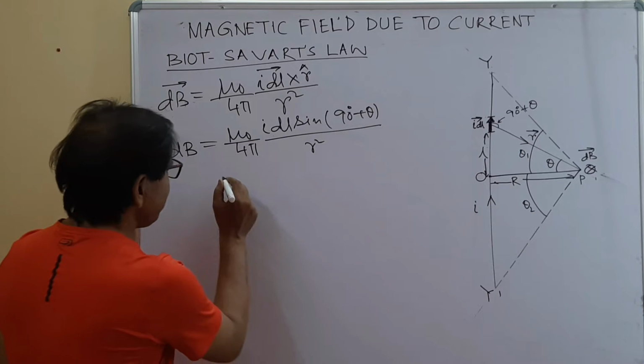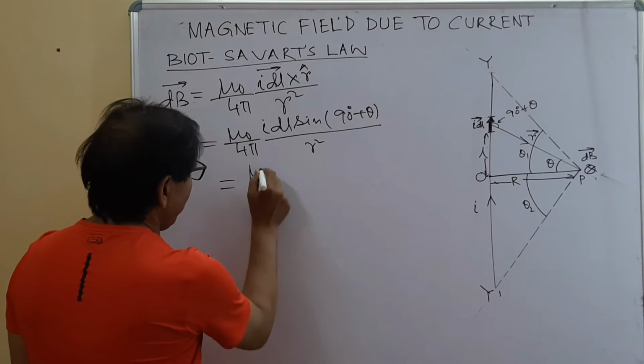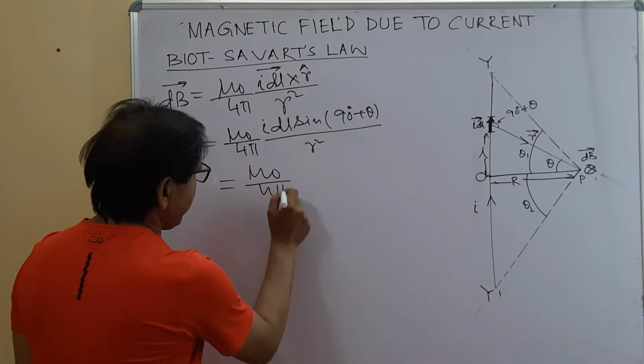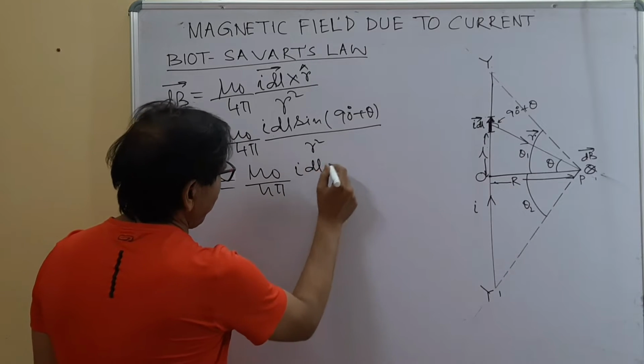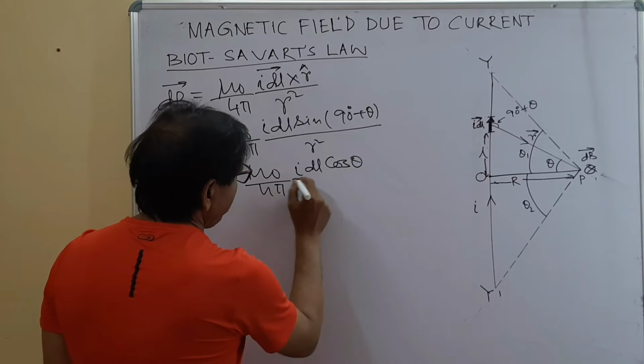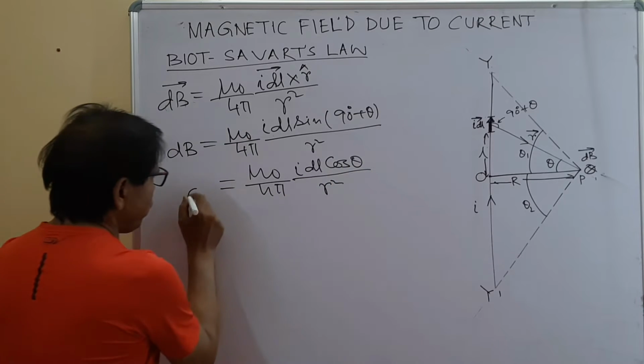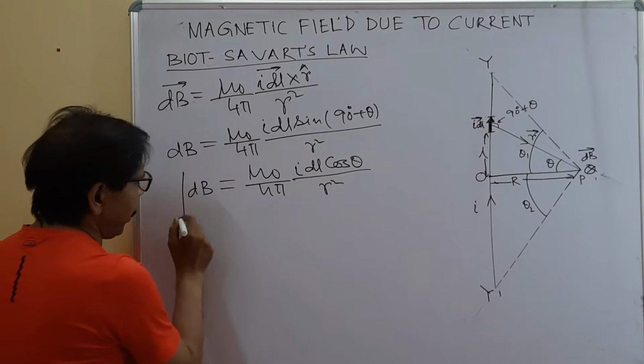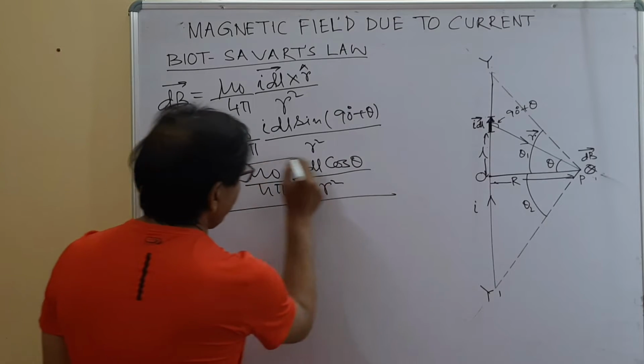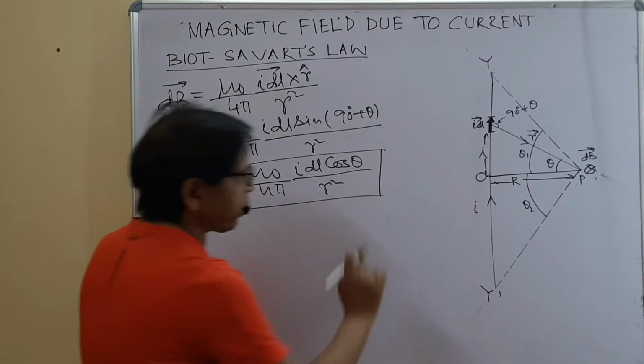So this becomes mu naught by 4 pi I dl cos theta divided by r square. This is the magnetic field at the point P due to current element I dl vector.